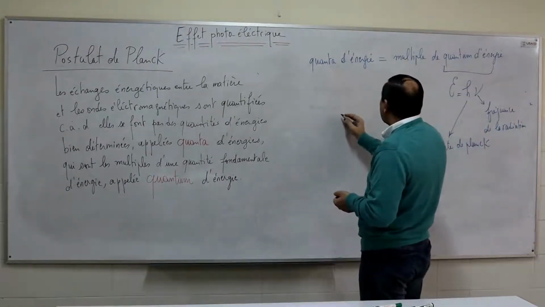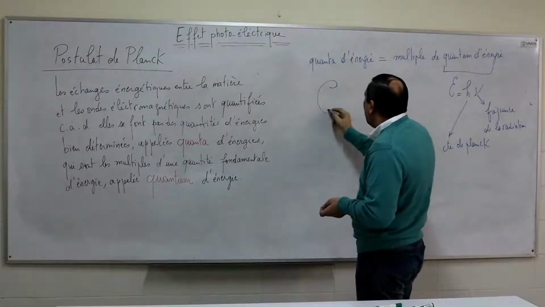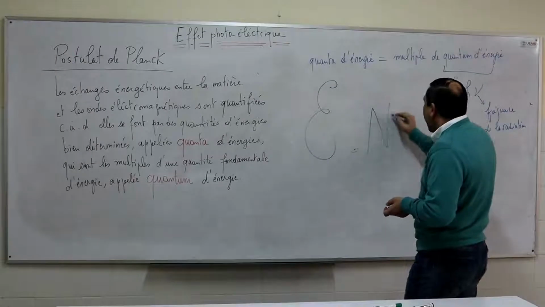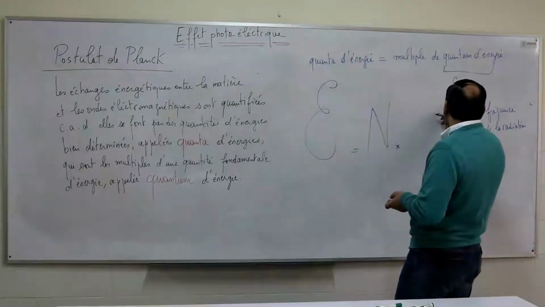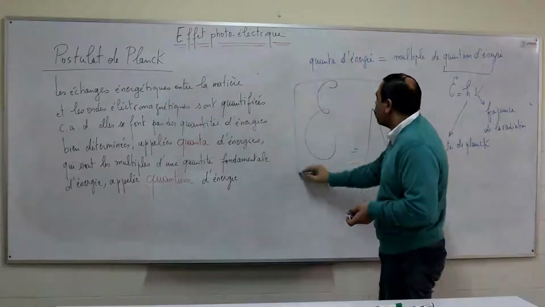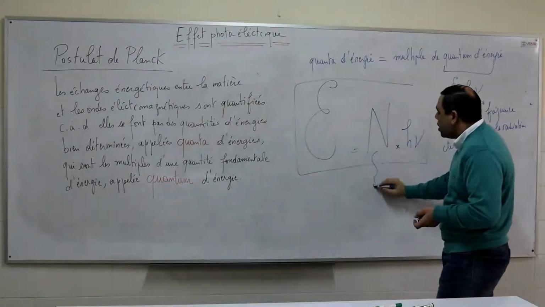The quantum of energy, which will be denoted by a big letter E, is a multiple of the quantum of energy, or n times h nu, where n is a natural number.